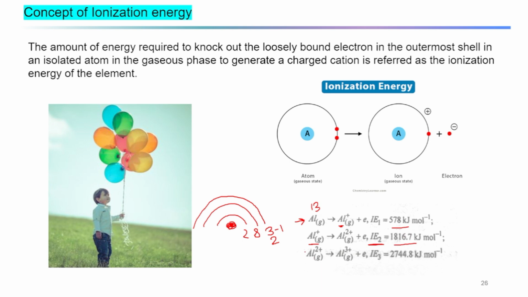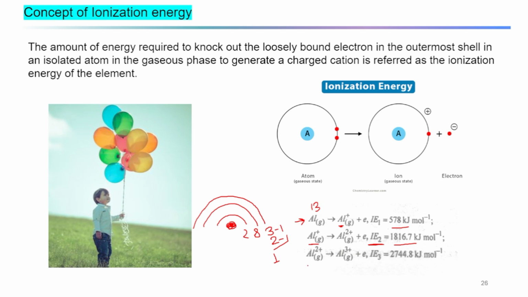Now we have taken out another electron, supplying more energy. So now we have only 1 electron in the third shell or outermost shell. In total, now we have 13 protons and only 11 electrons. So now we have fewer electrons, and the attraction of the nucleus will be more and more.